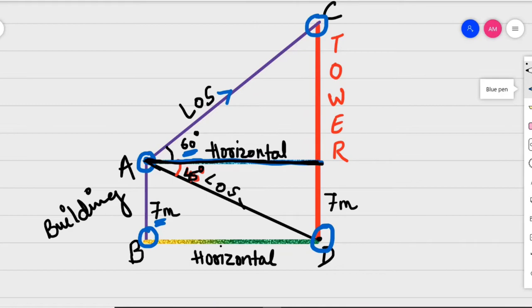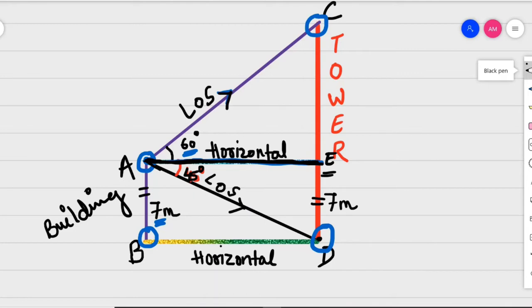Now the angle of depression is 45 degree and the angle of elevation is 60 degree, and this is your horizontal. Let us name this horizontal AE. Now see, AE is your horizontal. This building AB is 7 meters, therefore your DE will also be 7 meters.